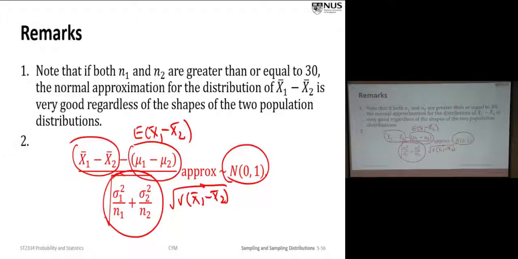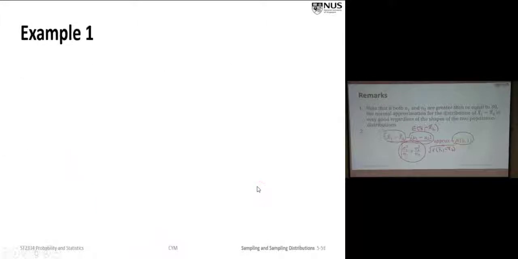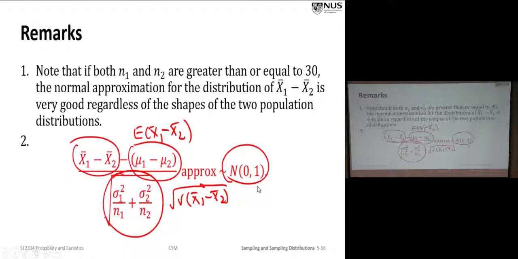It's not too difficult to see that. We standardize it by subtracting the mean and dividing by the square root of the variance. If x1 bar and x2 bar are normally or approximately normally distributed, then this quantity is approximately normal.